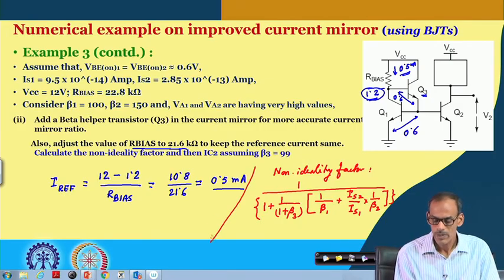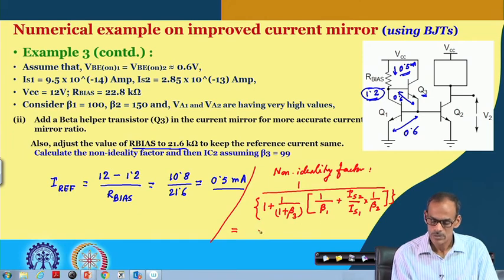Earlier we calculated this in the absence of the beta helper. Now we have 1 plus beta 3, so 99 plus 1 is 100.